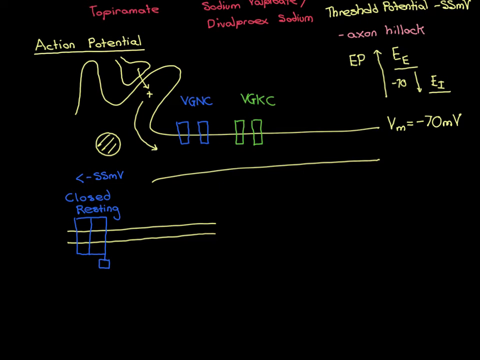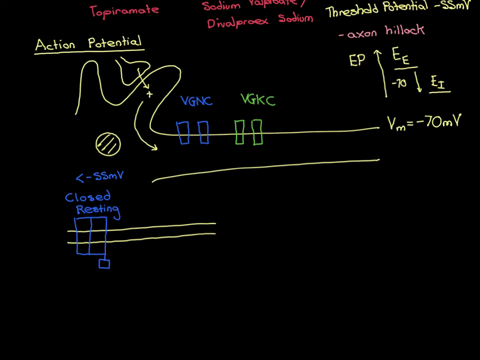At above negative 55 millivolts, the stable state for a voltage-gated ion channel to be in is not the open state. It is the closed inactivated state. But when it undergoes the conformational change to get into the closed inactivated state, a transient intermediate state that is formed is the open state.